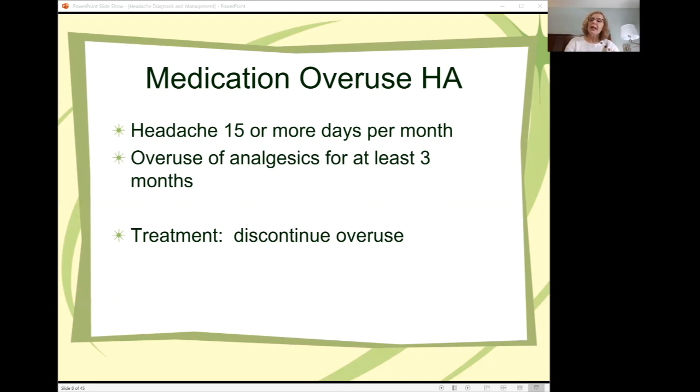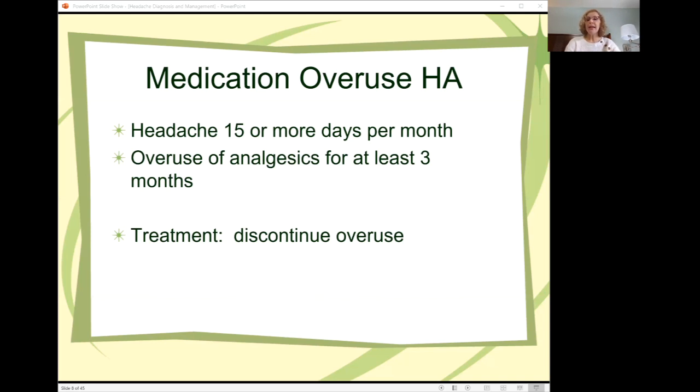The amount of medication needed to produce medication overuse headache is dependent on the type of medication used. Use of triptans more than 10 days per month or NSAIDs more than 14 days per month can cause medication overuse headache.